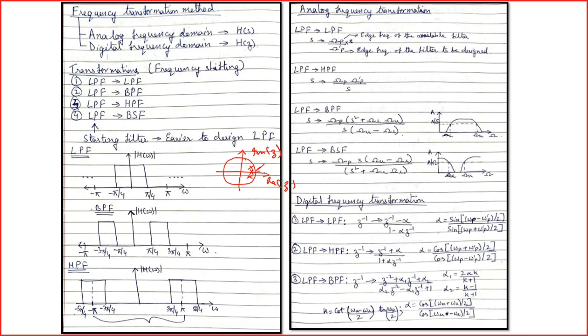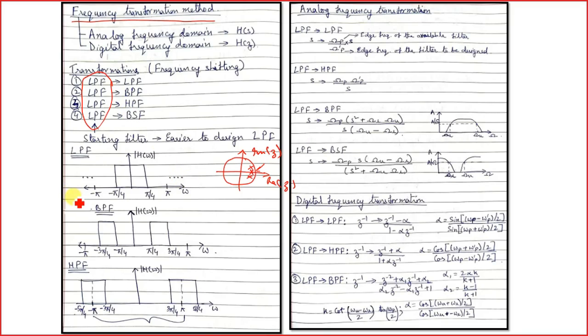However, if you want to make the other types of filters, you have to take into consideration other factors like the placement of the zeros and where you would be placing the poles accurately. But while you are using this frequency transformation method, and when you design the low pass filters, as we can see, the designing of the low pass filter is quite easy.